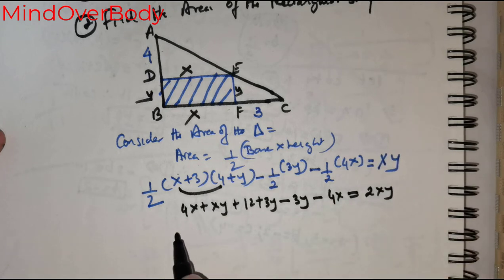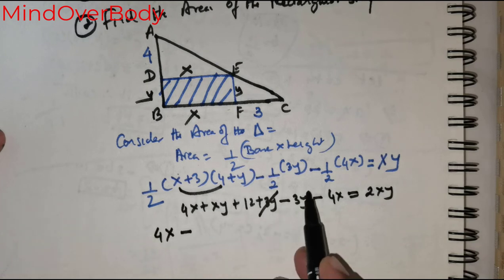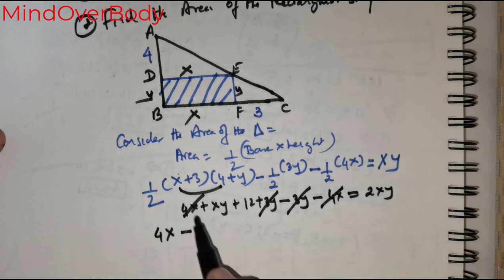So if we were to bring it out, this is going to be 4x and plus 3y; negative 3y can be cancelled. In fact, negative 4x, plus 4x can be cancelled. And all that I'm left with is xy plus 12. Let me write that. Plus 12.